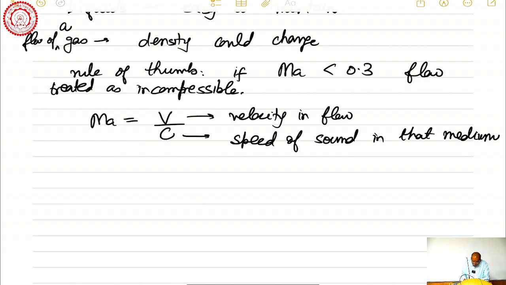So now for an incompressible flow, we will assume rho is equal to constant. So now our equation is d by dt integral.